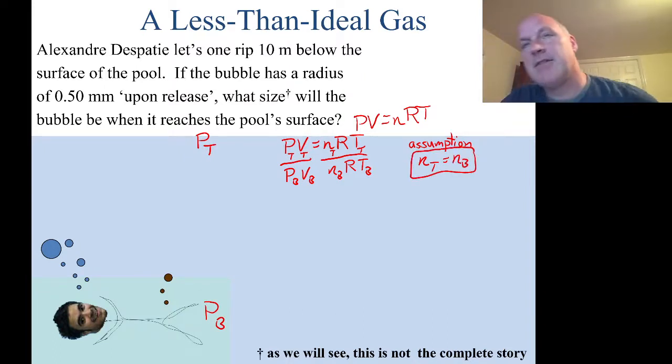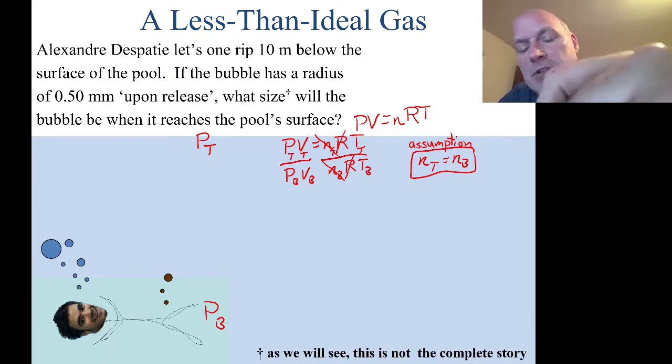What that means is that the number of molecules in the bubble doesn't change. The molecules aren't disappearing out of the bubble. They're not diffusing into the water, or the bubble's not picking up molecules. So the number of molecules that the bubble starts off with at the bottom and the number of molecules at the top are going to be the same. So what does that assumption allow us to do? It allows us to cancel those two. And R is a constant, so that cancels. That makes it good.